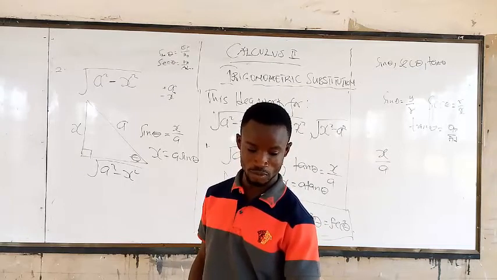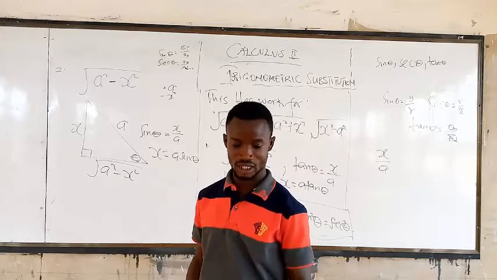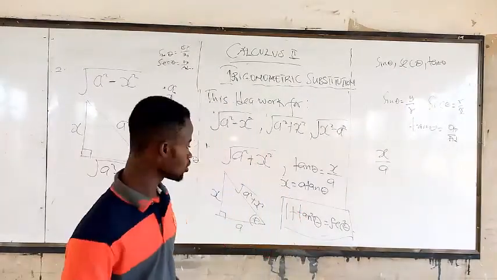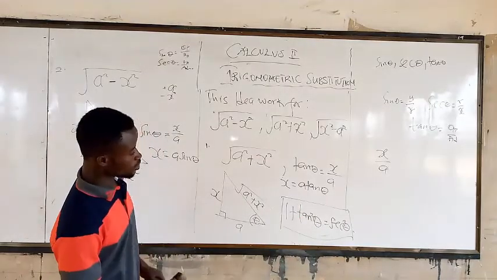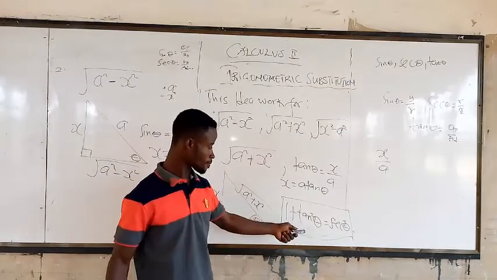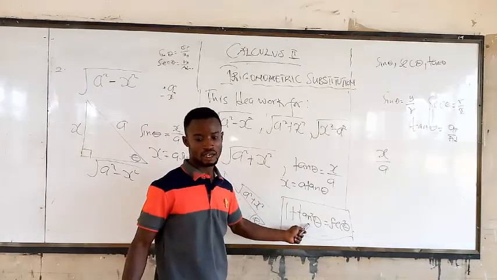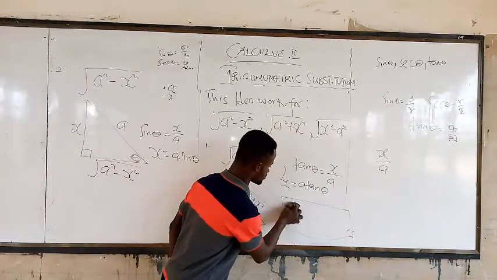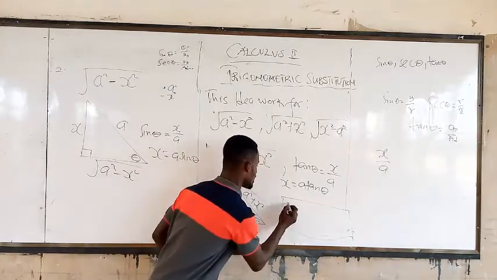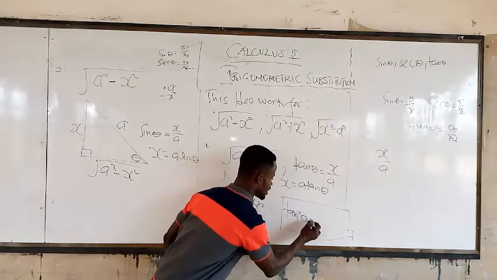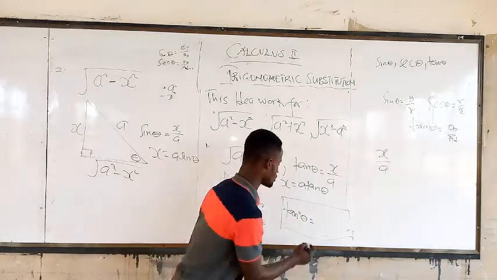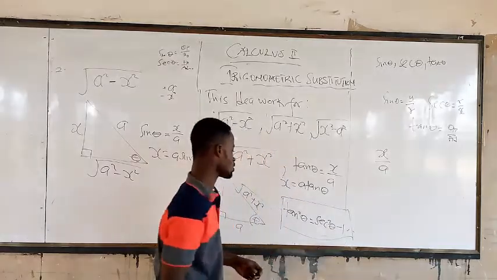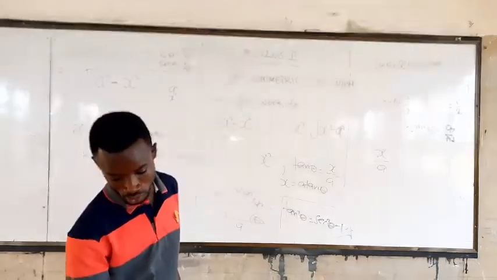So what is going to be that trigonometric identity? Alright? With this, we can make tan theta the subject. We can say that tan squared theta is equal to sec squared theta minus 1. So that's what we are going to use for the substitution.